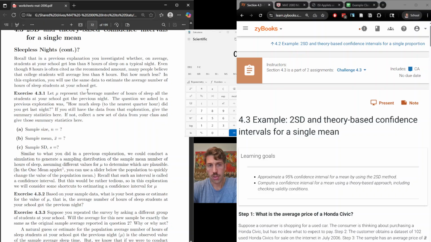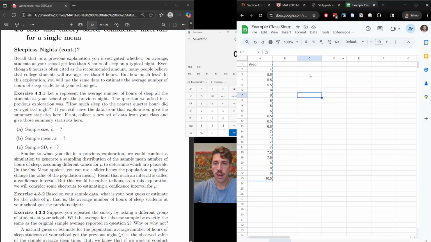Answer these questions about your sample: what is the sample size, what is the average, and what is the standard deviation of that sample? Your data is going to be different from mine, but I have this data right here, and if you've got your data in a spreadsheet, you can always count: 23 down to 2 would be 22 things. So I have n equals 22, and then the mean would equal average of this.